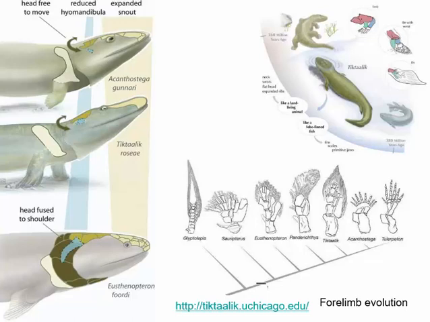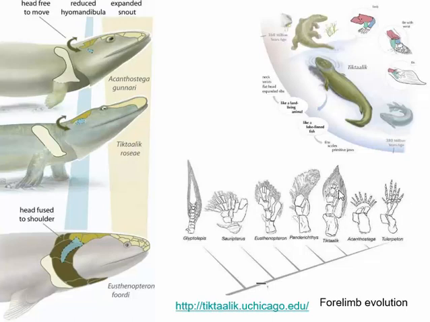The other thing we see is forelimb evolution. So we go from something that's very fish-like, where we have these bones extending out and these rays of fins here. And then we start to see more bones in these different ancestral groups. In the reptiles, we start to see things that really look like digits.